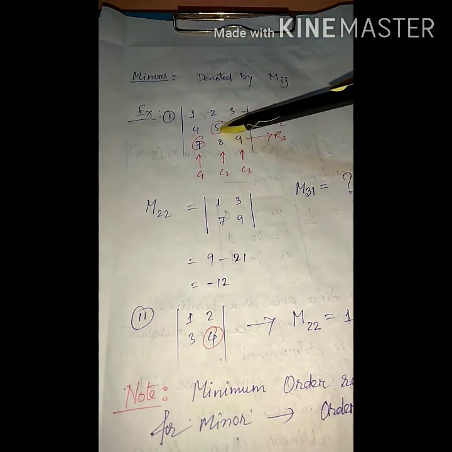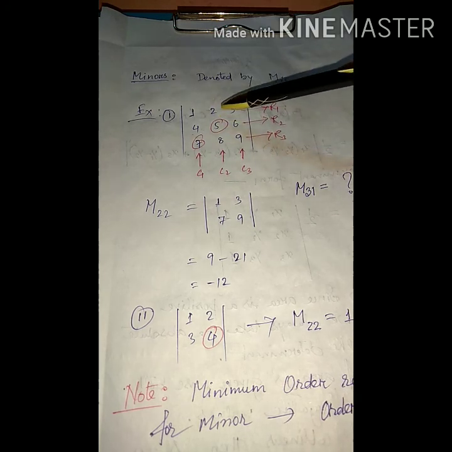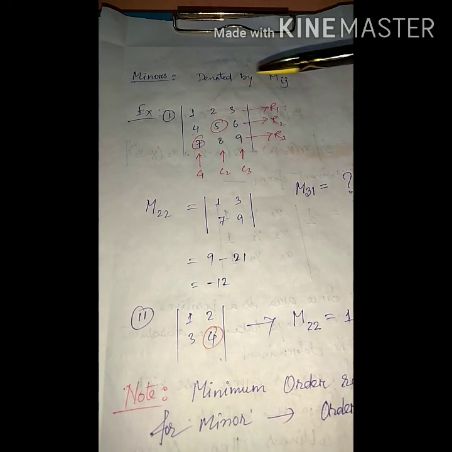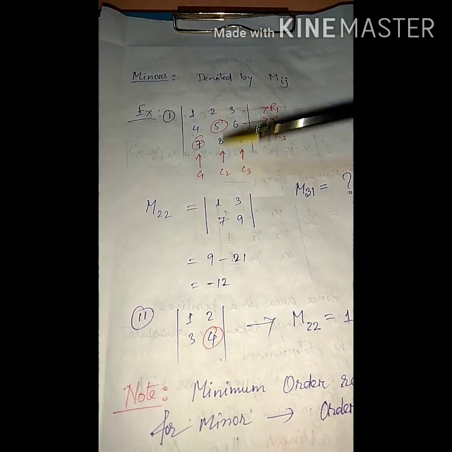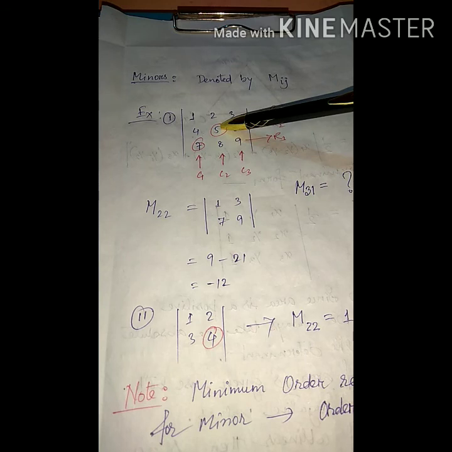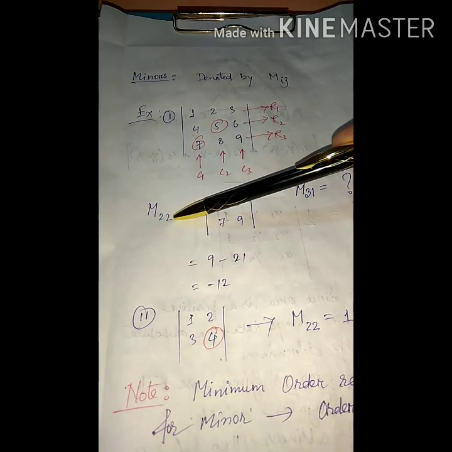Suppose we consider 5. If we find the minor of this 5, how can we solve it? First of all, we have to identify the position of this 5. It is in the second row and second column, so the position is 2 2. That's why we have to find the minor M22. Is it clear? Now what do you have to do?